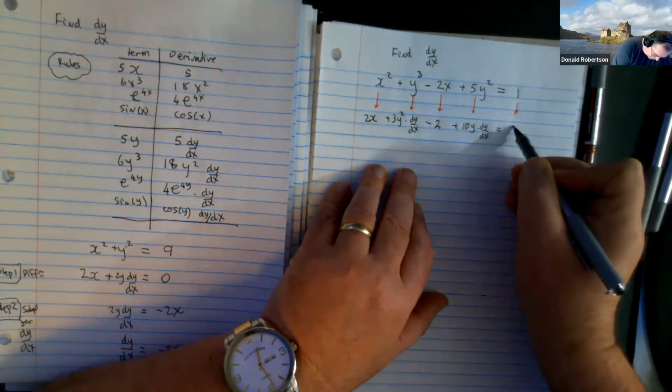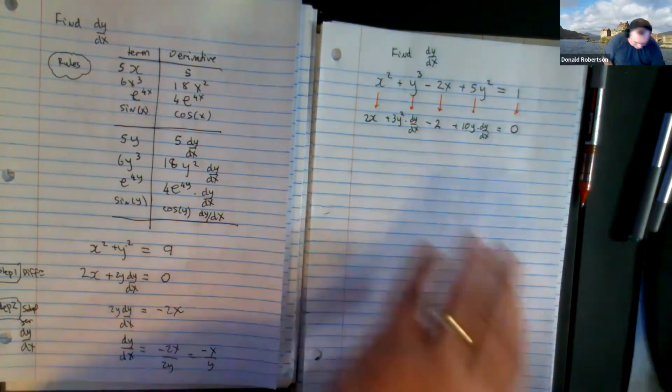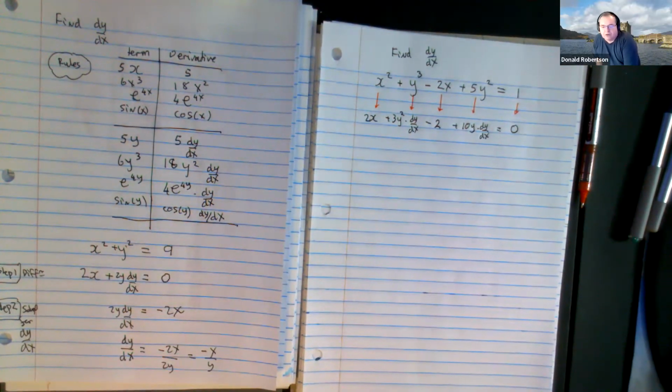And if you differentiate a number like 1, you get 0. So step 1 is differentiate all the terms. Step 2 is solve for dy by dx. This question is a little harder than the first one, but as long as you do the rule of doing it to both sides, it should come out.